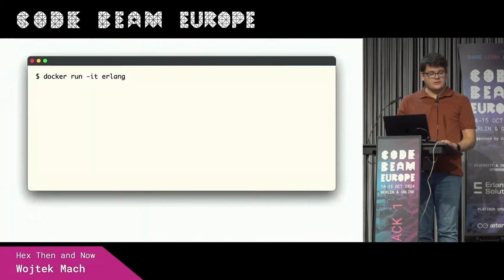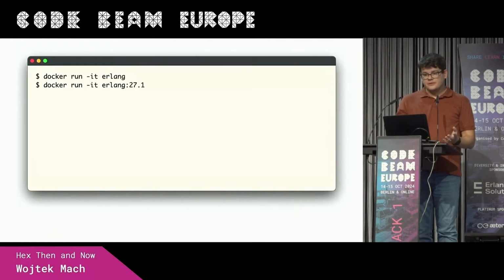So briefly about Docker, it is very cool that we can just run this and it just works. We would get an Erlang, but that's the thing. We get an Erlang that is latest at the moment we run this command. And if we do this a month later or a year later, we'd get a different version.